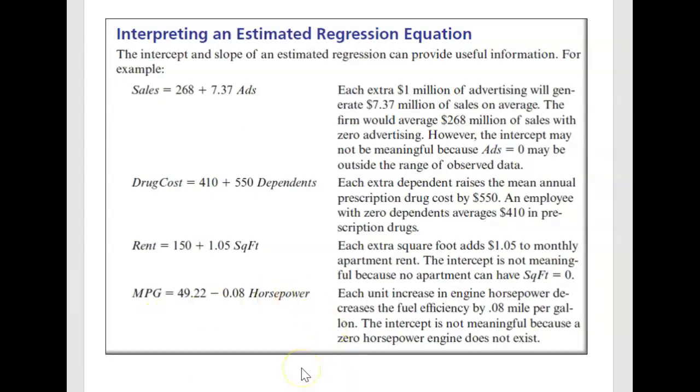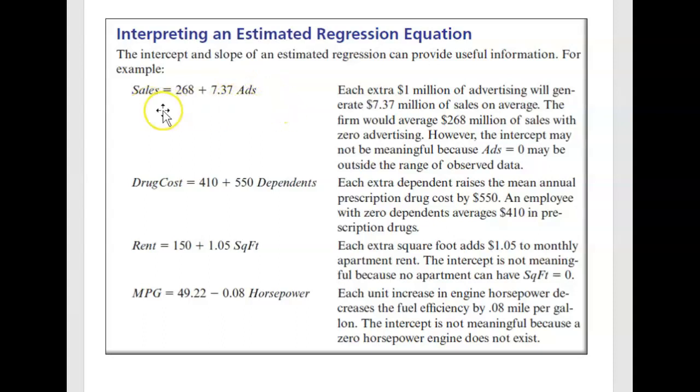Okay, so here are some examples of estimated regression equations out of the textbook. In the first one, we've got sales of a company, and that's equal to 268 plus 7.37 times the number of ads.